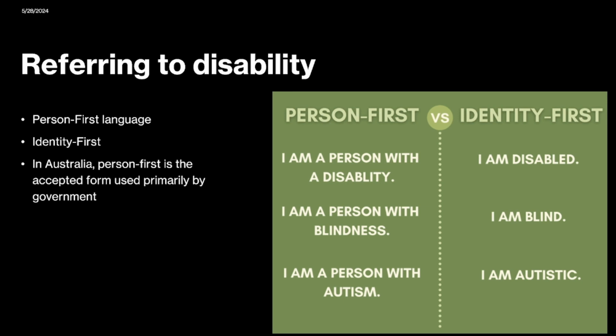In this one, we emphasize that the disability is an important part of the person and how they identify themselves. In Australia, person-first is the accepted form used by government in policy documentation and communications, by journalists when telling stories in the media, or by organizations in their information sheets, event promotions, etc.